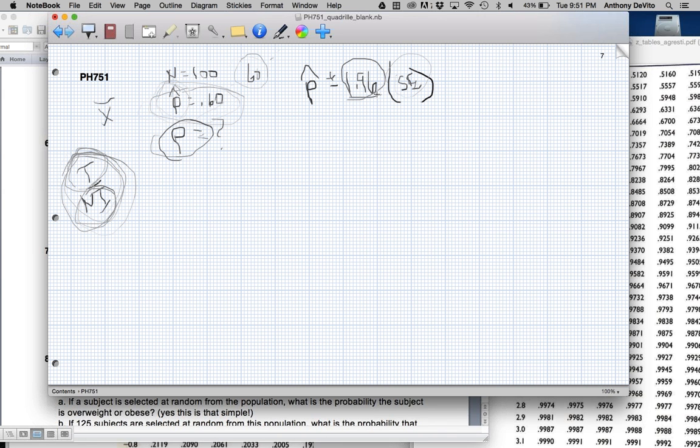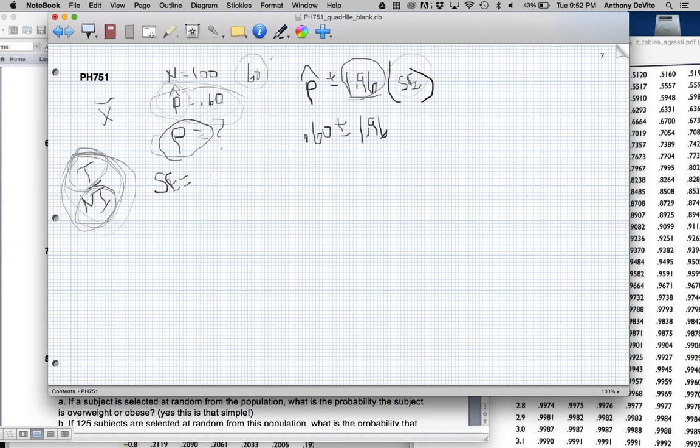So we're going to use 1.96 for a 95% confidence interval for the true proportion, or 1.64 for 90% confidence, or 2.58 for 99% confidence. So in our case, it's going to be 0.60 plus or minus 1.96 times the standard error. Well, now how do I calculate standard error for a proportion?